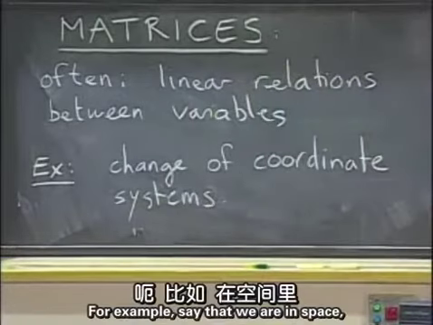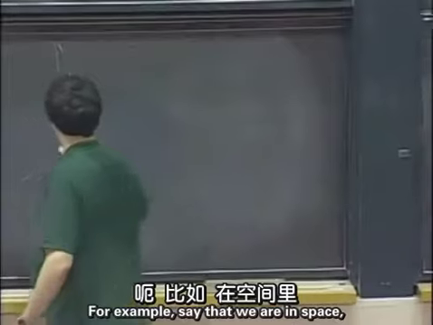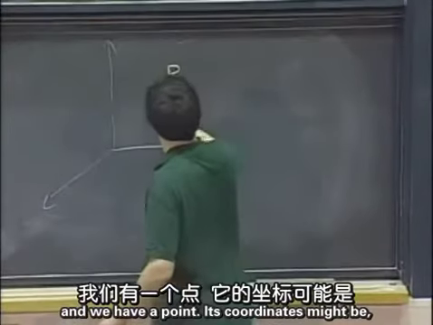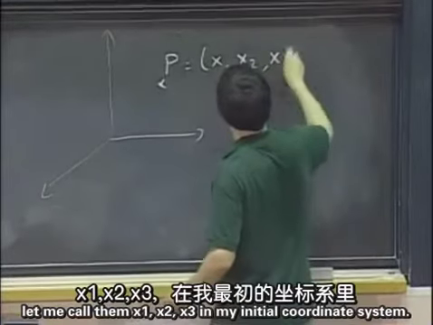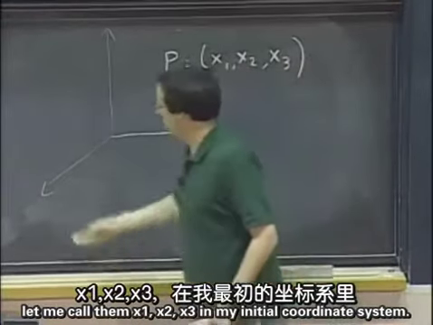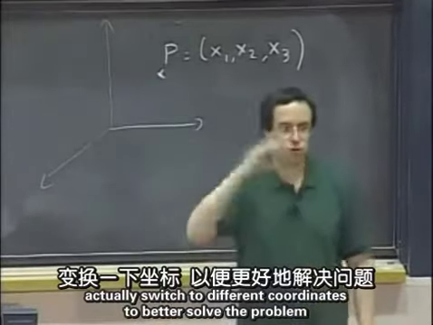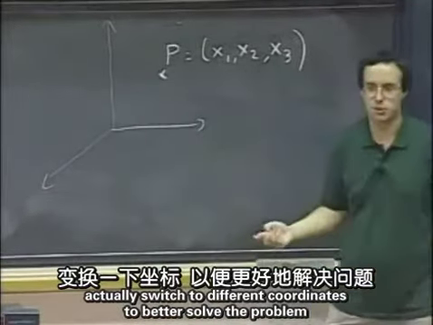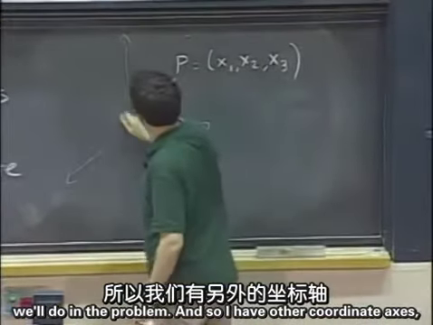so for example, say that we're in space, and we have a point, so its coordinates might be, let me call them x1, x2, x3 in my initial coordinate system. But then maybe I need to actually switch to different coordinates to better solve my problem, because it's more adapted to other things I will do in my problem. And so I have other coordinate axes.